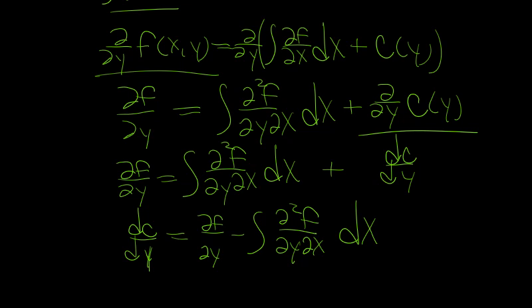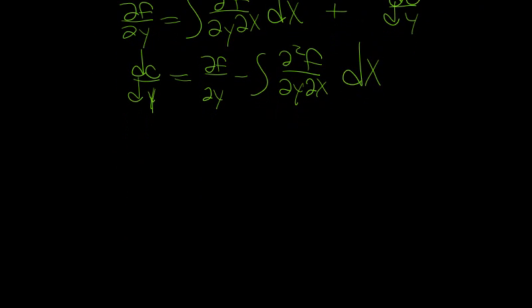So hopefully at this point your spidey senses are tingling and you can tell where this is going, but this right here is a separable equation, and you would already have the partial derivative of your initial function with respect to y, and you would also have the partial with respect to x, so that integral of the mixed partial would be fully solvable.